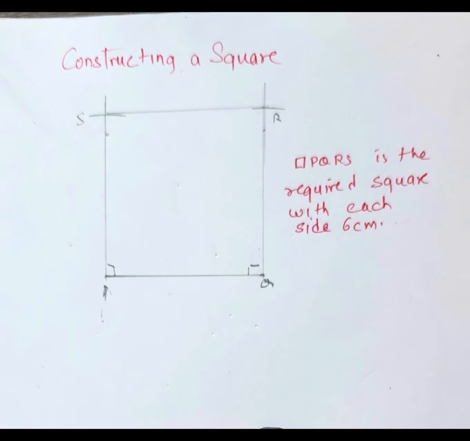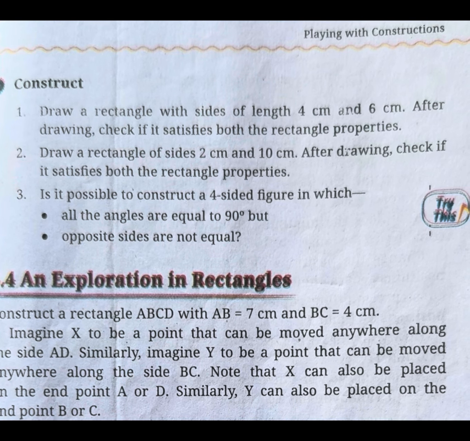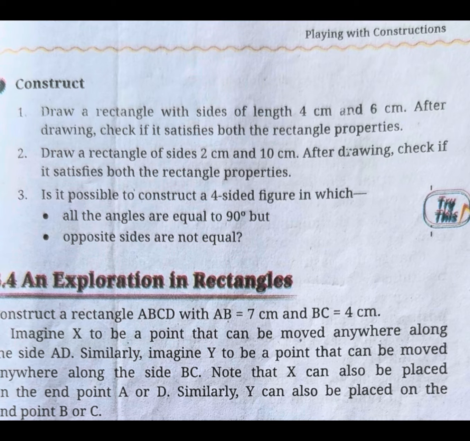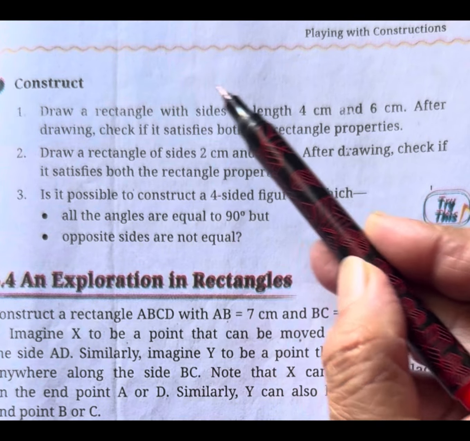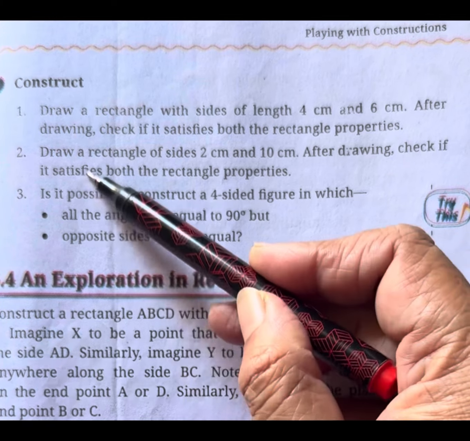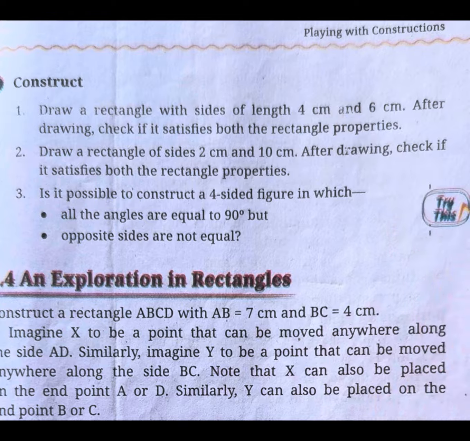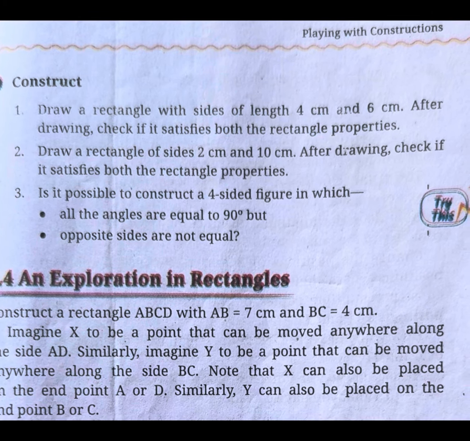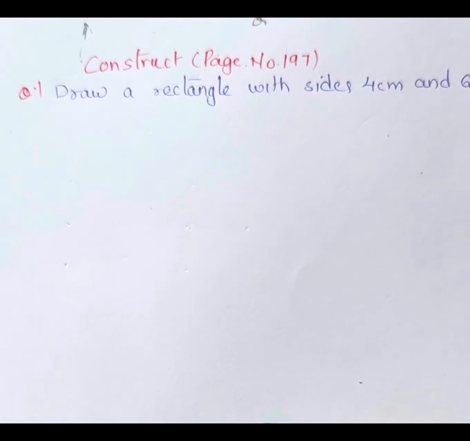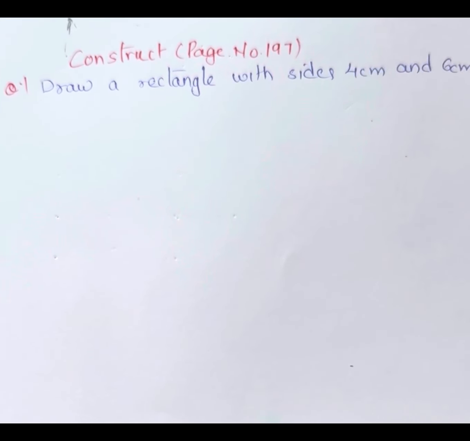Now this is the figure it out exercise. It is given: construct, draw a rectangle with sides of length 4 centimeter and 6 centimeter. After drawing, check if it satisfies both the rectangle properties. So let us do this. Draw a rectangle with sides 4 centimeter and 6 centimeter.